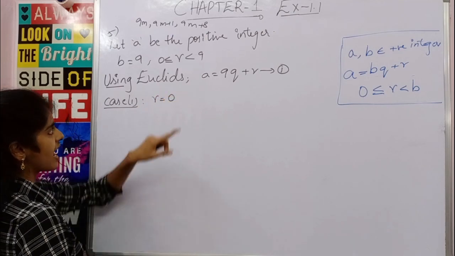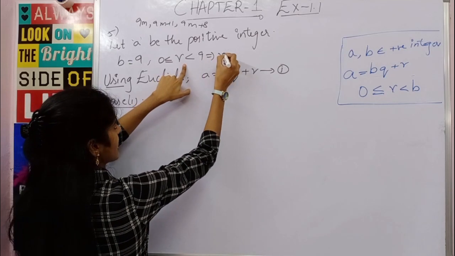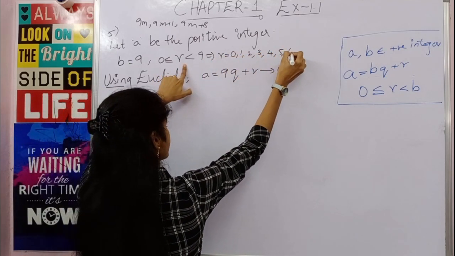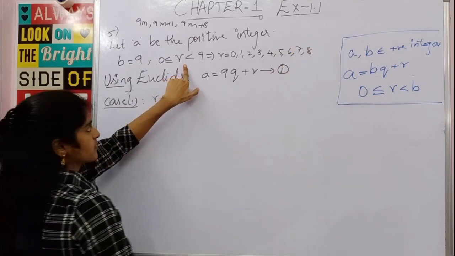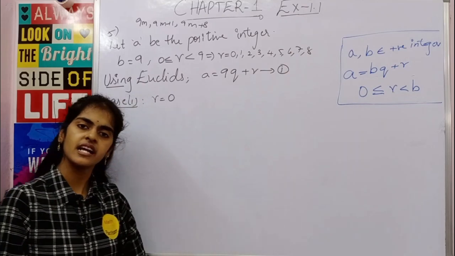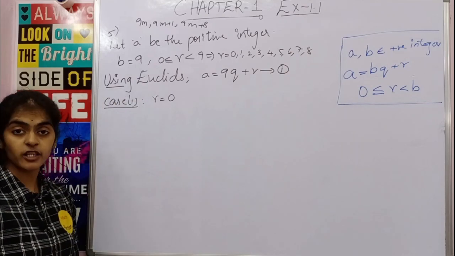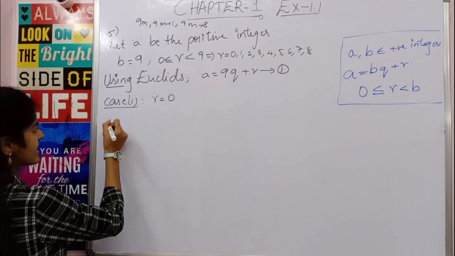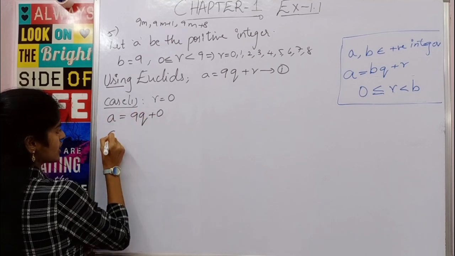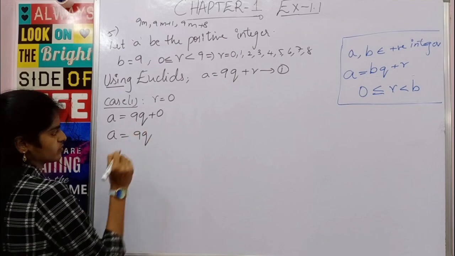Okay, so here r takes values 0, 1, 2, 3, 4, 5, 6, 7, 8. Okay, so many values, less than 9, that means we'll stop at 8. Clear? So now when you take r equal to 0, what happens here? It is a equal to 9q plus 0. So a equal to 9q.